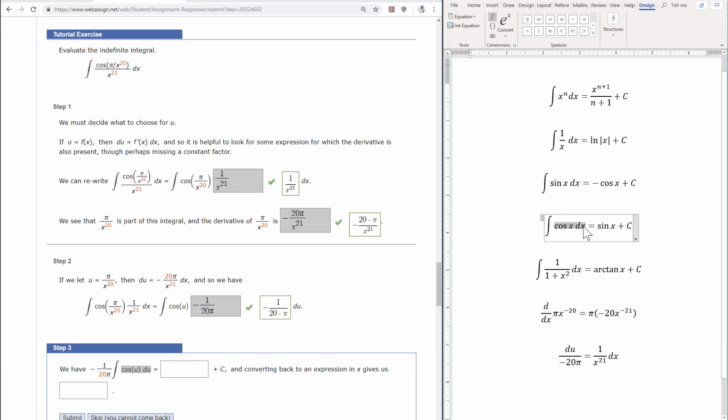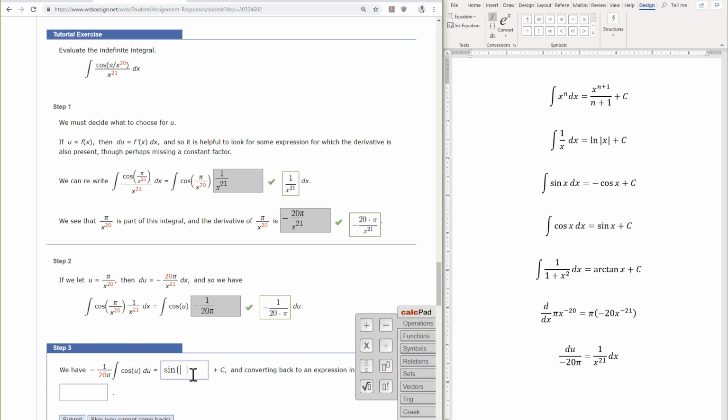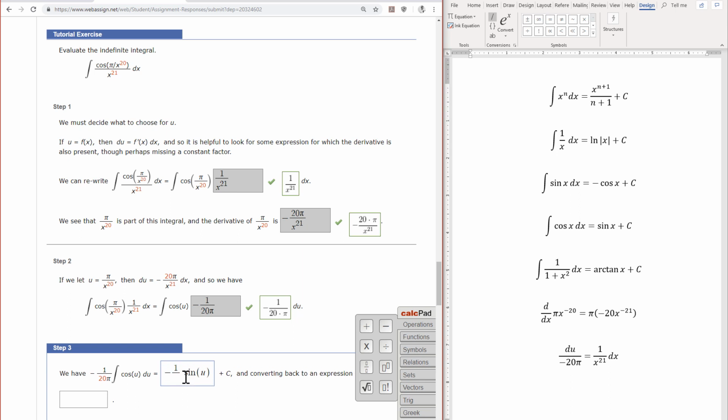So remember that the integral of cosine is a positive sine. So we'll put a positive sine of u here because it's a u variable. And then converting it back into x, oops, let's not forget about our constant out in front here. The constant is negative 1 divided by 20 pi.